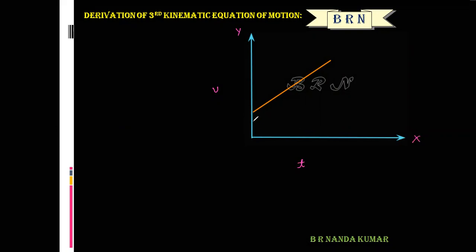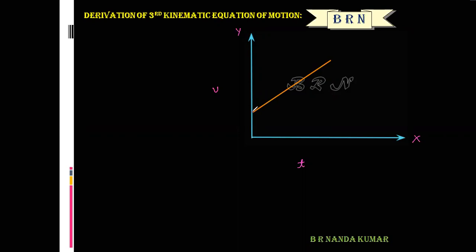Here the particle starts with an initial velocity and moves with uniform positive acceleration. That means the particle's velocity changes by equal amounts in equal intervals of time.